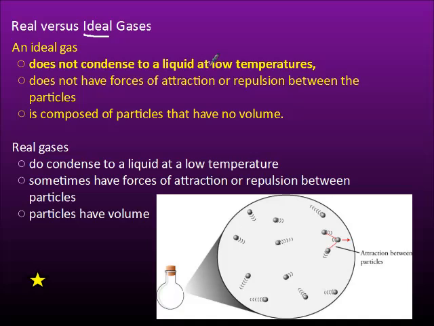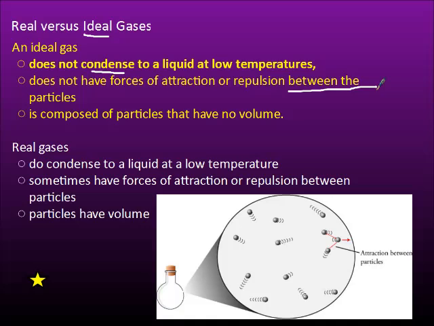So an ideal gas does not condense at low temperatures. It's always going to remain a gas no matter what. It does not have forces of attraction or repulsion between particles. So this is a key. We've assumed that gas particles have elastic collisions, meaning they hit something, they bounce off like that bouncy ball against the wall.